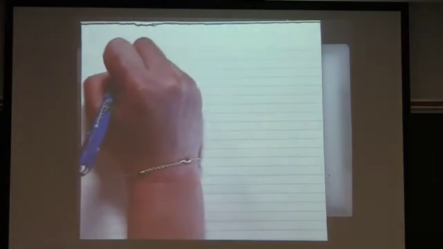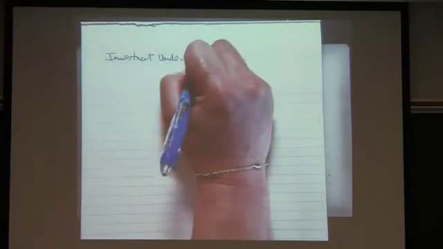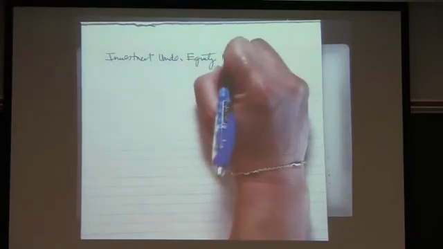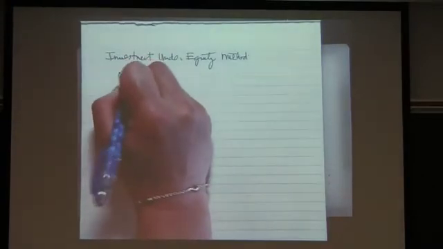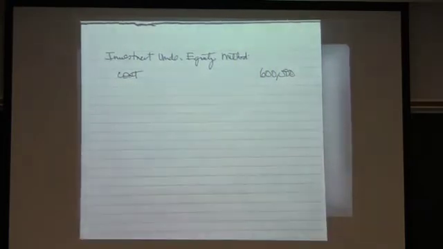So investment under equity method. So we know that the cost is $600,000. That's how much we paid, right?